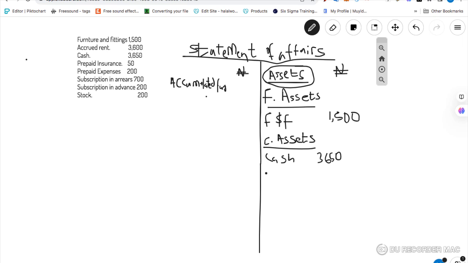We have 50. We have prepaid expenses. So that is 200.